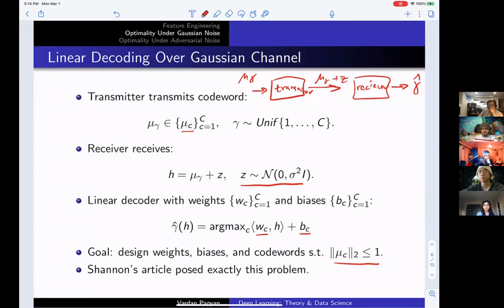So what's missing here is, how do you define what's a good set of weights, biases, and code words? You need some type of criterion, right?